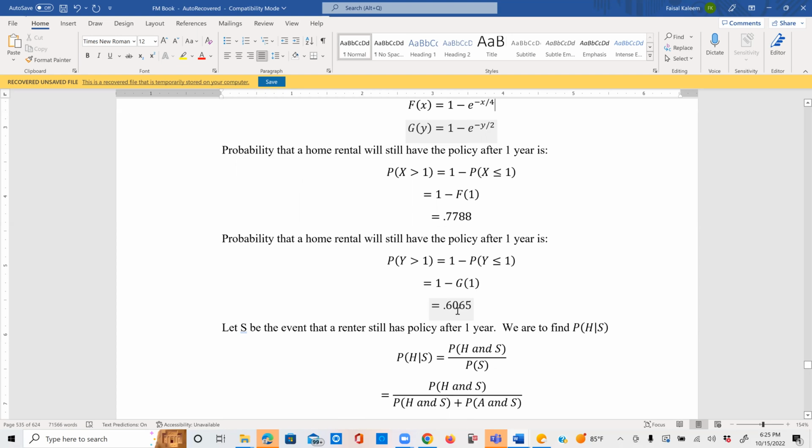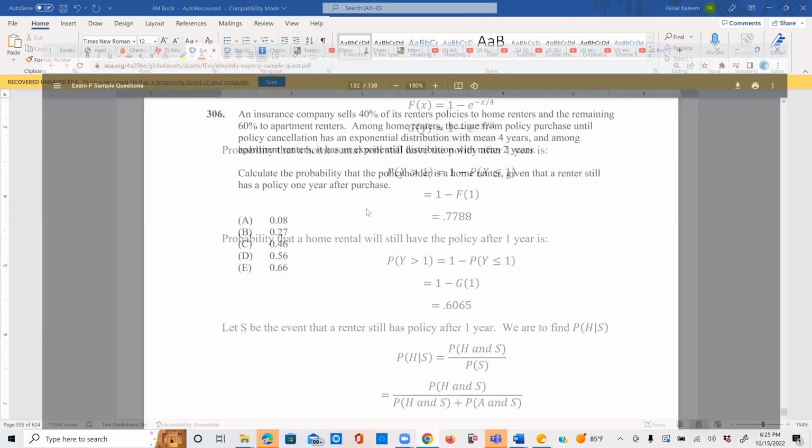And let S be the event that the renter still has a policy after 1 year. So we were to find the probability that it's a home renter given that the person still has a policy after 1 year, or given that the duration of policy is at least 1 year.